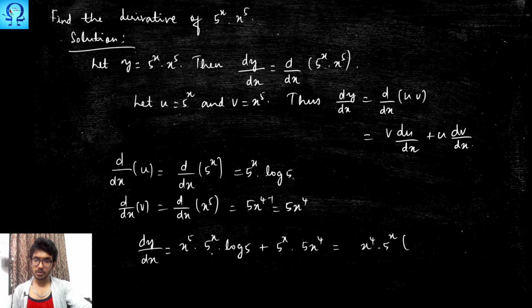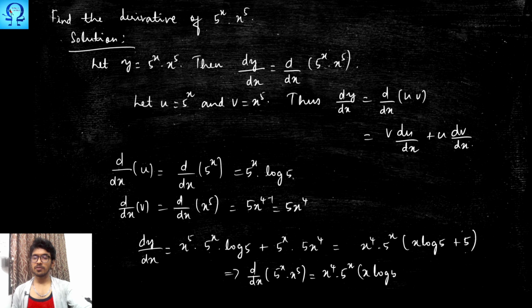So when you take x^4 and 5^x outside, you will get x times log 5 plus 5. This is the derivative of 5^x times x^5, which is x^4 times 5^x times (x log 5 plus 5).